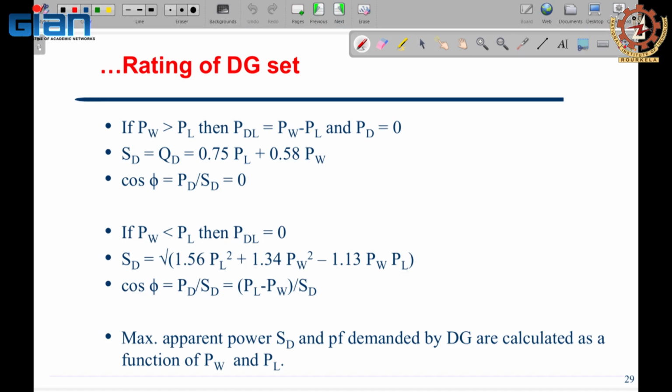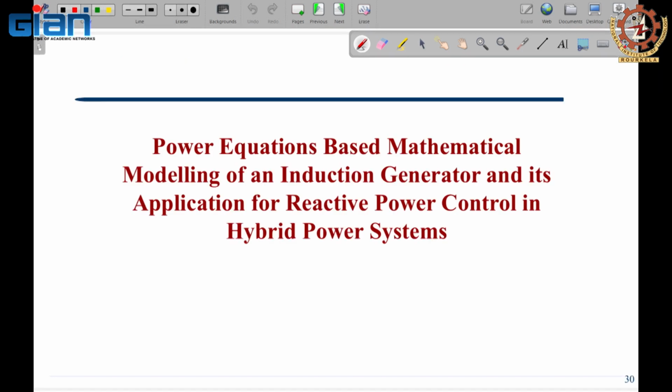Accordingly, you consider the different options for calculation for the synchronization. When you are deciding the sizing, particularly in remote areas, you consider the rating.